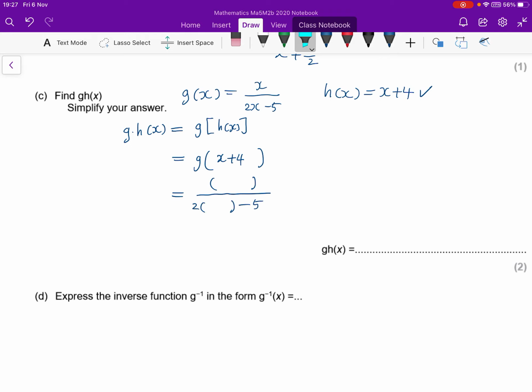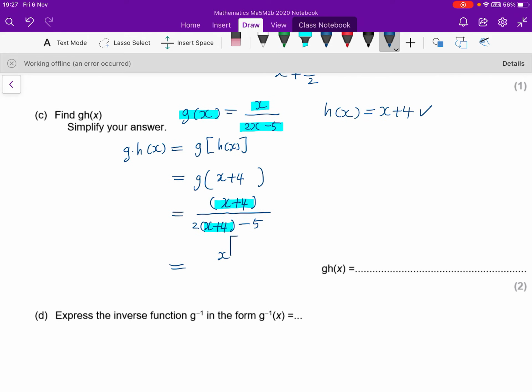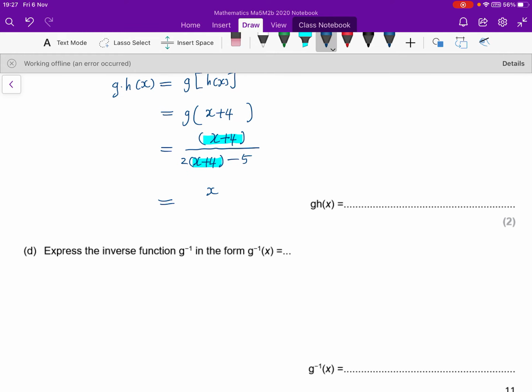So let's look at this. I will try to highlight this so that you can see it. So g(x) is the same as x over 2x minus 5. So this must be x over 2x minus 5. And accordingly, our bracket value is x plus 4. So this must be x plus 4. So let's see what we get. So this is x plus 4 at the top.